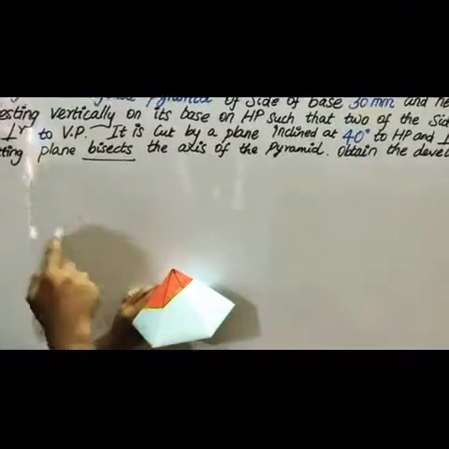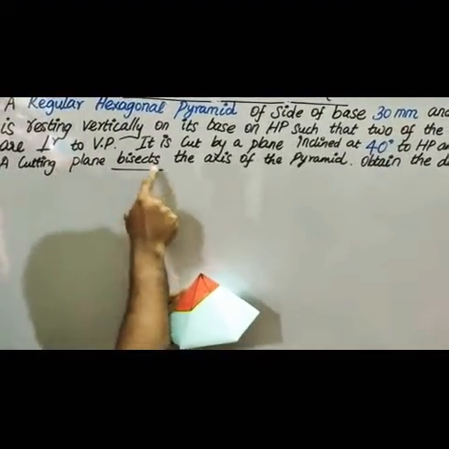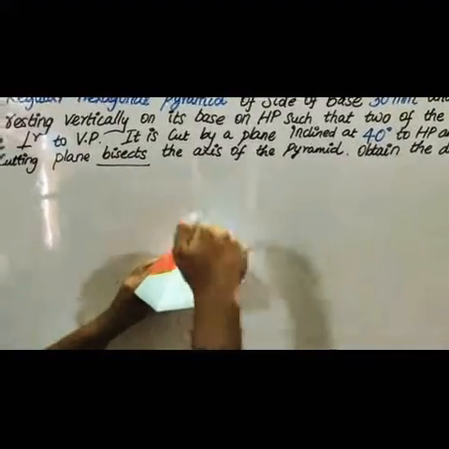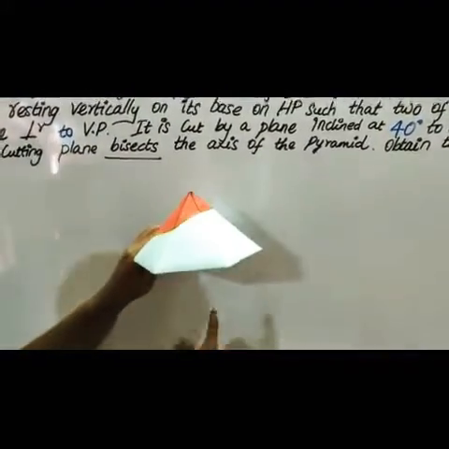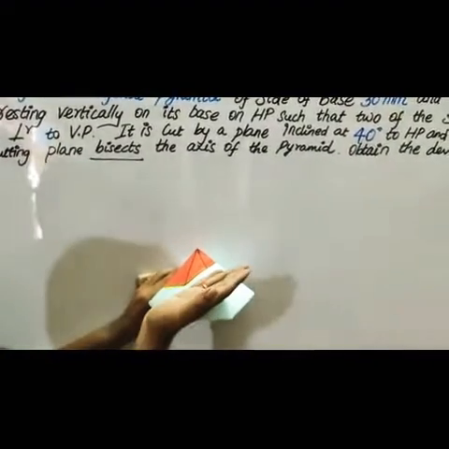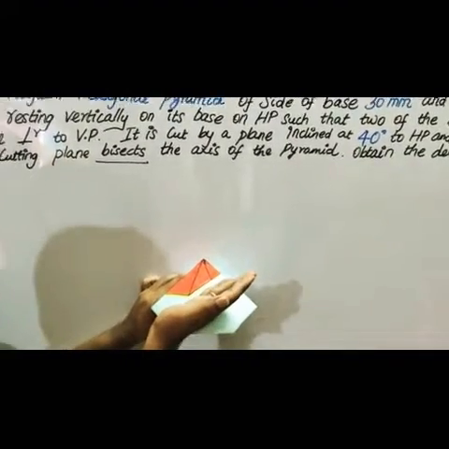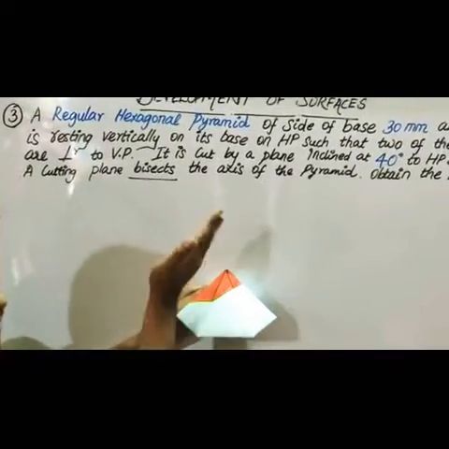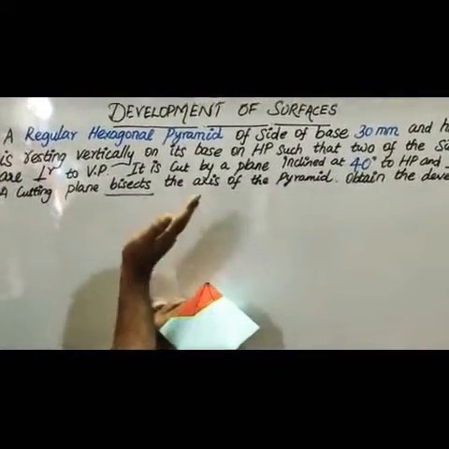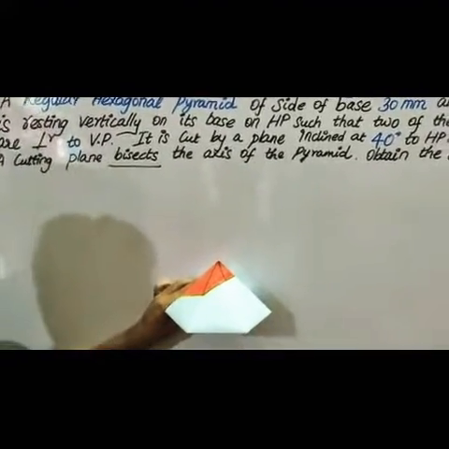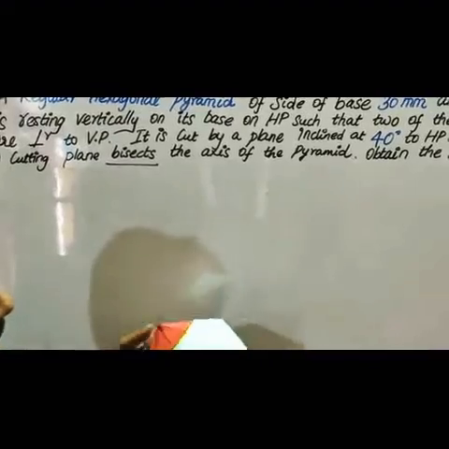One more constraint is that the cutting plane bisects the axis of the pyramid. So this pyramid has an axis at the center line which has a height of 60 mm. So this cutting plane is going to cut it exactly at the center, at 30 mm. So it is divided into 2 equal parts, 30 mm for the cutting portion and 30 mm for the remaining half. That is called bisection. So this is how your problem works.